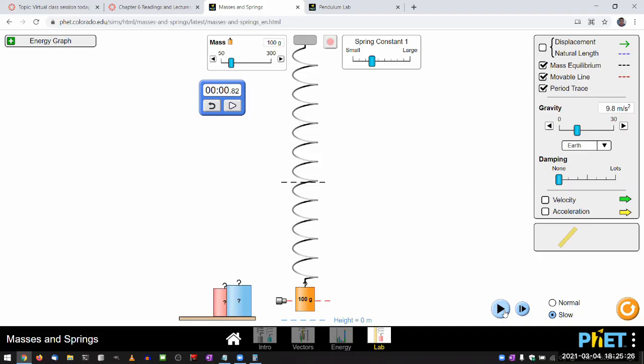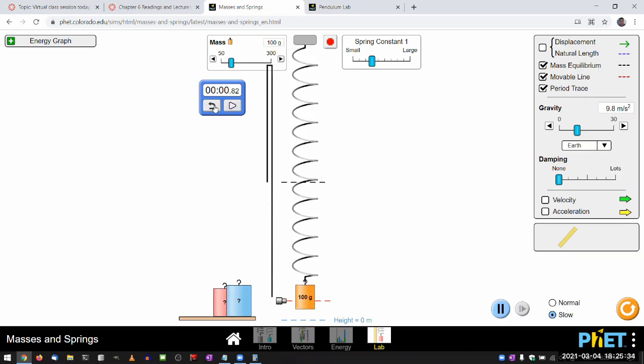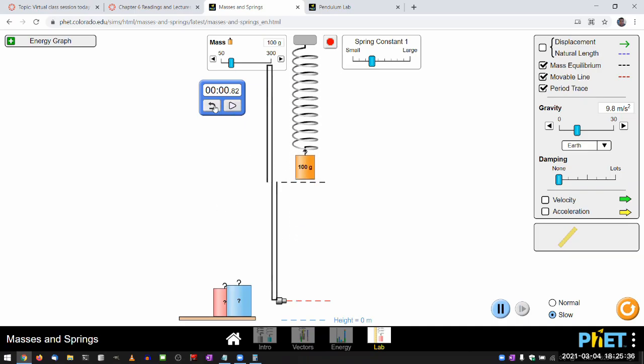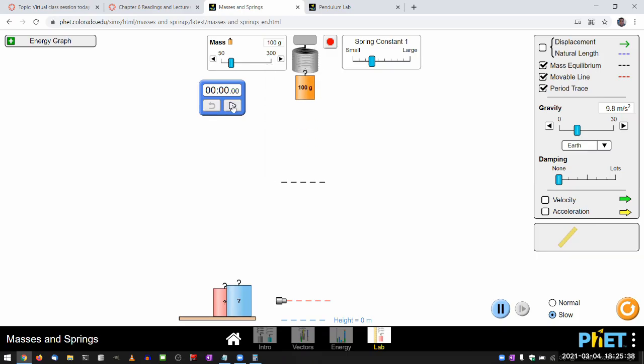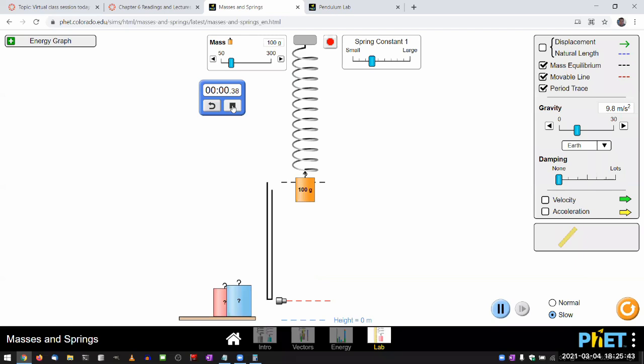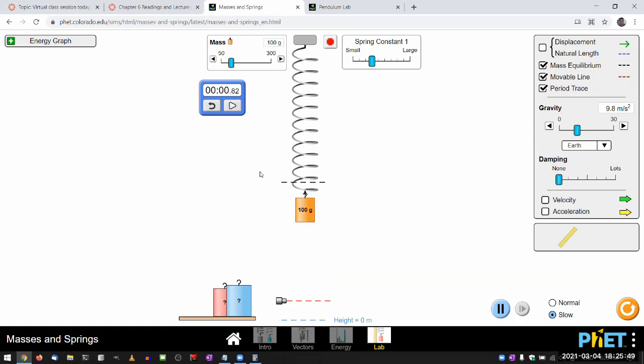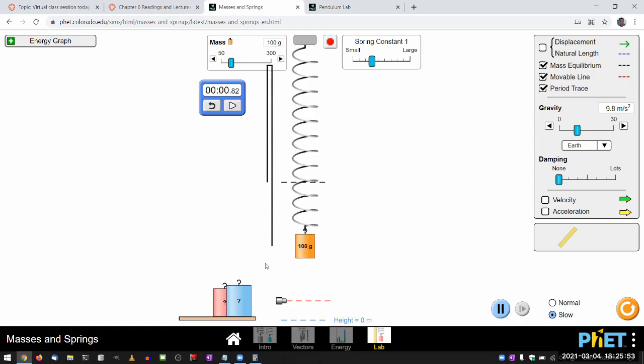So when I run the simulation, I'm gonna let that go and I'll catch it the next time. Okay, reset and then catch it here. Even though it's traveling 3 times the distance, you see that the period remains the same. And this relates to what we call natural frequency of oscillation.